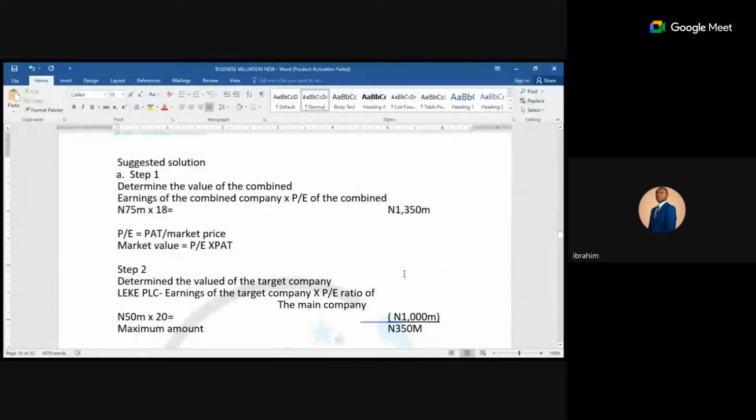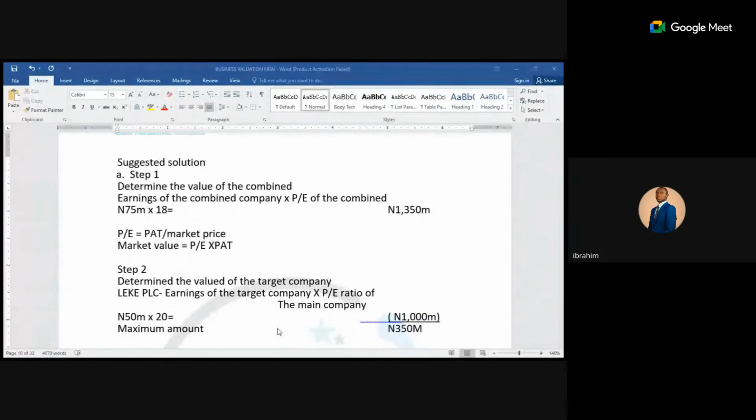When you are faced with an acquisition question like this, the first thing you need to do is to determine the value of the combined company. In this question, they just want to make it easy for you. The value of the combined company would have used the total of the two earnings times the average PE ratio.